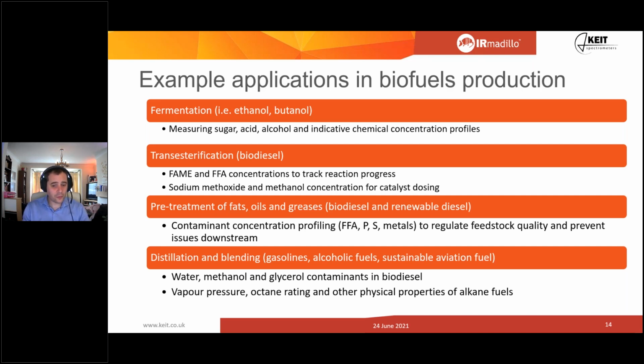And then downstream, you've got the distillation and blending. So if you've made sustainable aviation fuel and you want to make sure you blend it to the right concentration or the right performance, or gasoline or alcoholic fuels as well. Certain gasolines have alcohols in them. So blending that kind of thing, infrared allows you to measure that as well. You can do water, methanol, contaminants, but also vapor pressure, octane rating. Now, these are physical properties, but they're caused by chemistry and chemical concentrations.